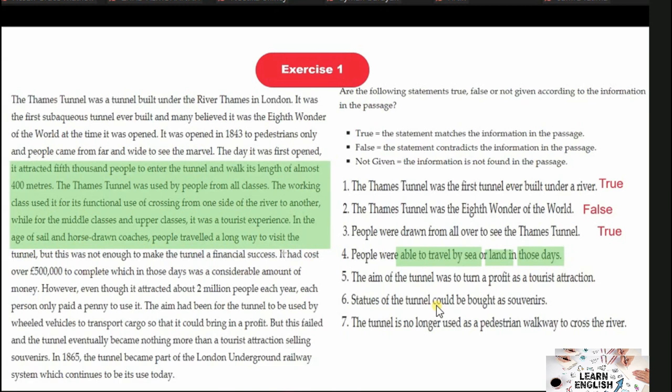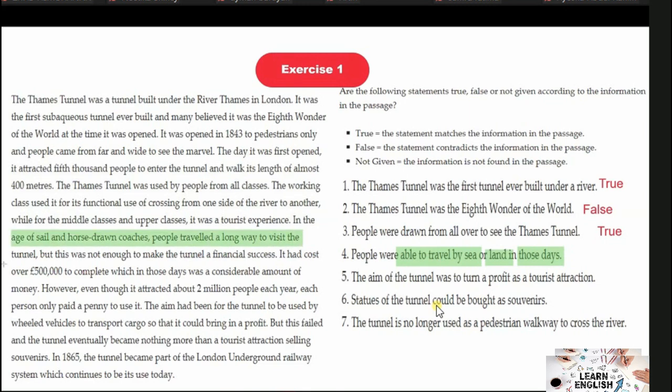Yes, exactly. All right. So there's the part that is saying in the age of sail and horse-drawn coaches. Good, great. You did a great job. So it's here, right? The age of sail and horse-drawn coaches, right?